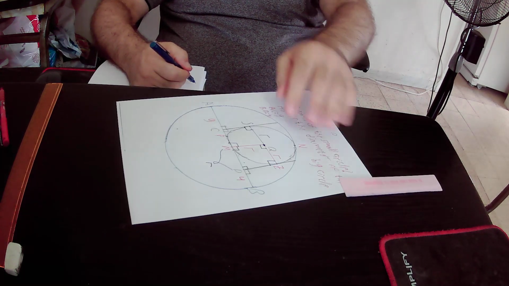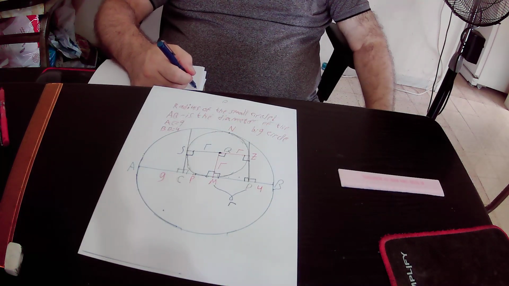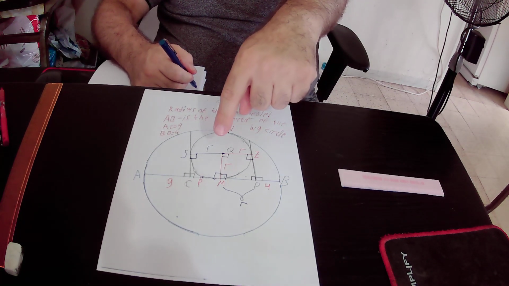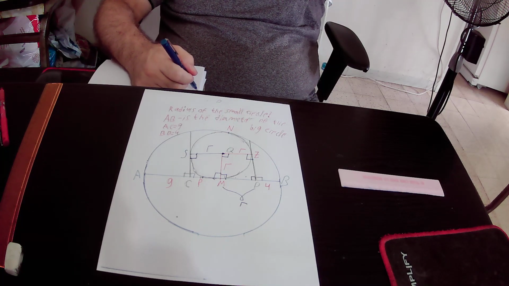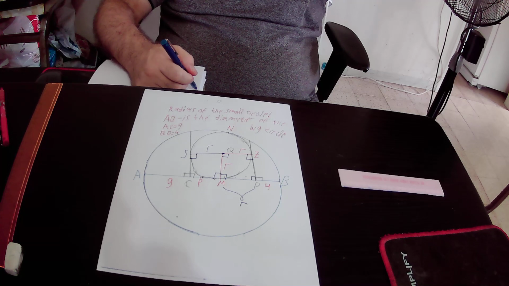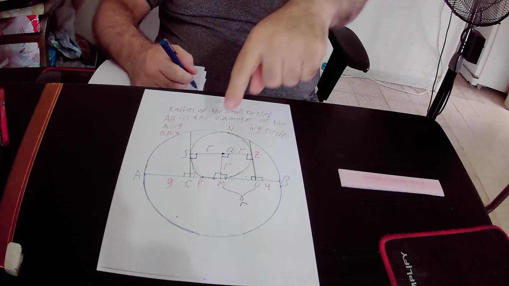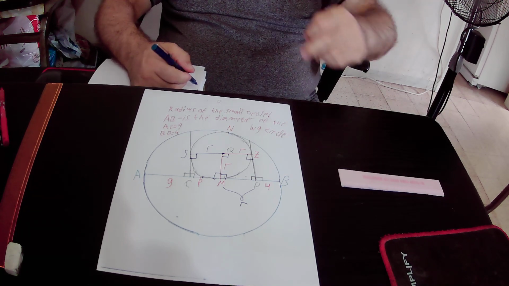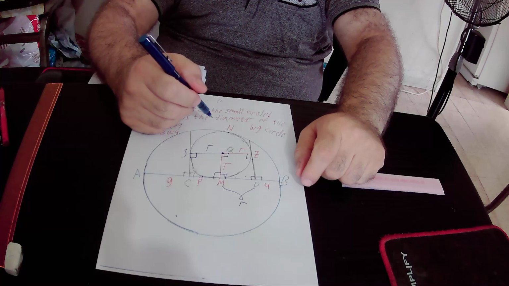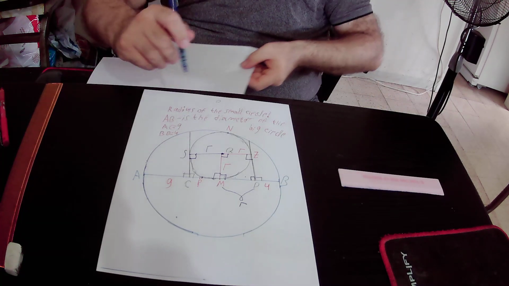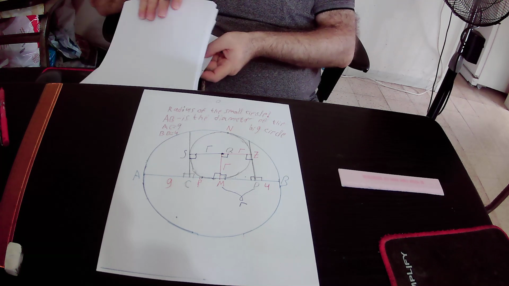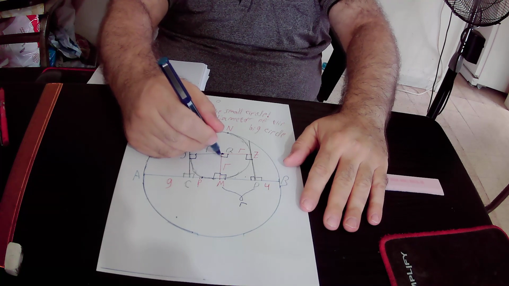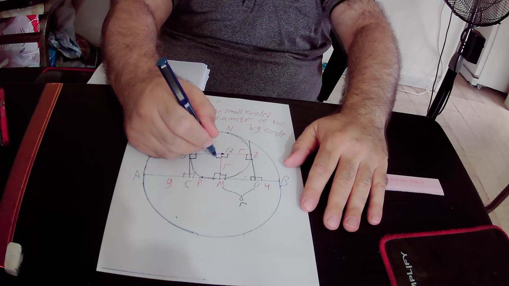and actually we have quadrilateral SQCM that also has 3 right angles. Therefore, according to rule number 2 that states that the sum of the angles of a quadrilateral is equal to 360 degrees, this angle also must be equal to 90 degrees.